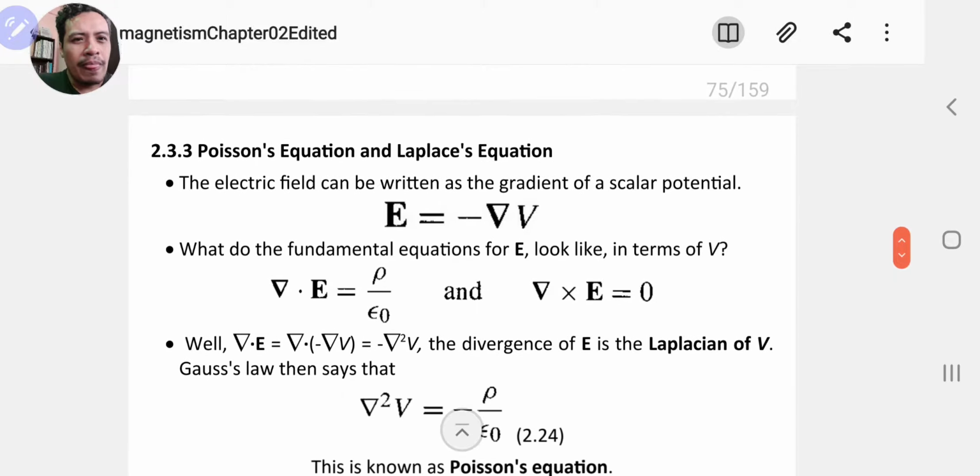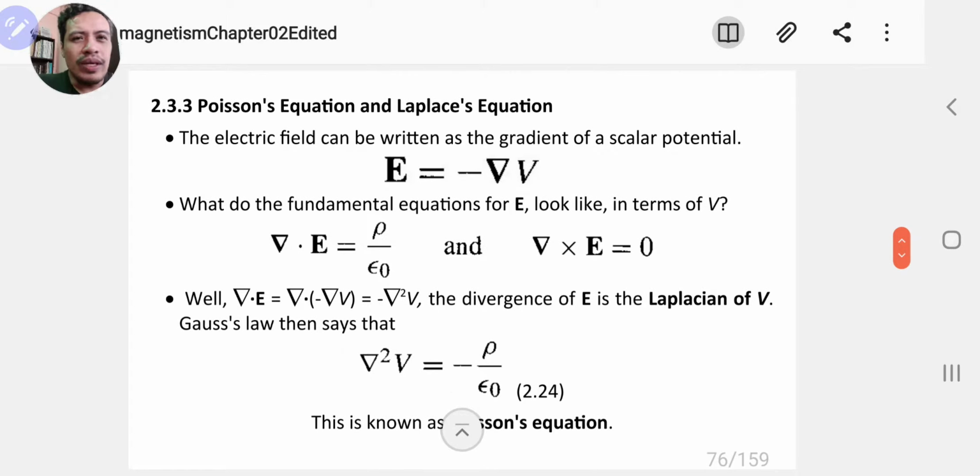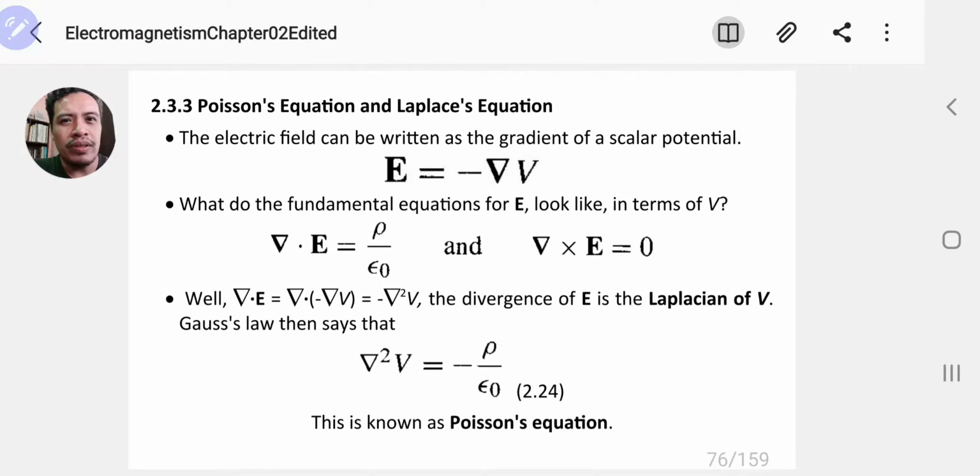So we started out with calculating electric fields, and wait for a moment, I'm just adjusting something. So okay.